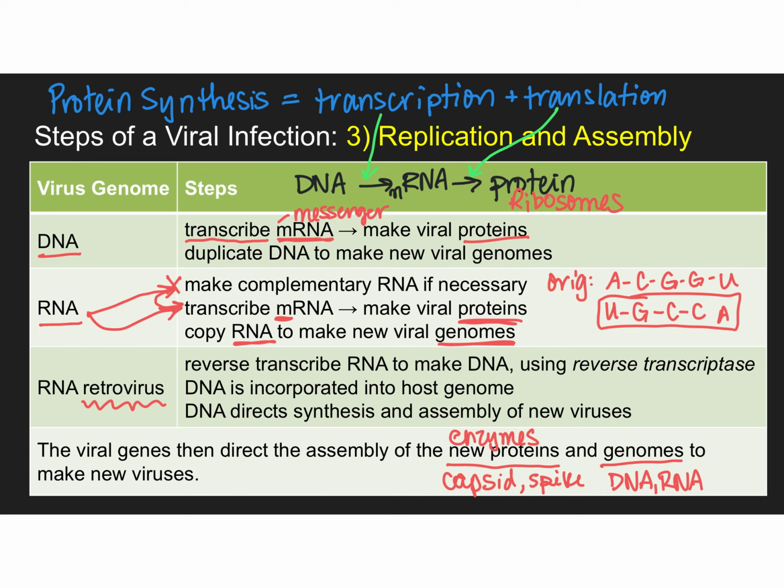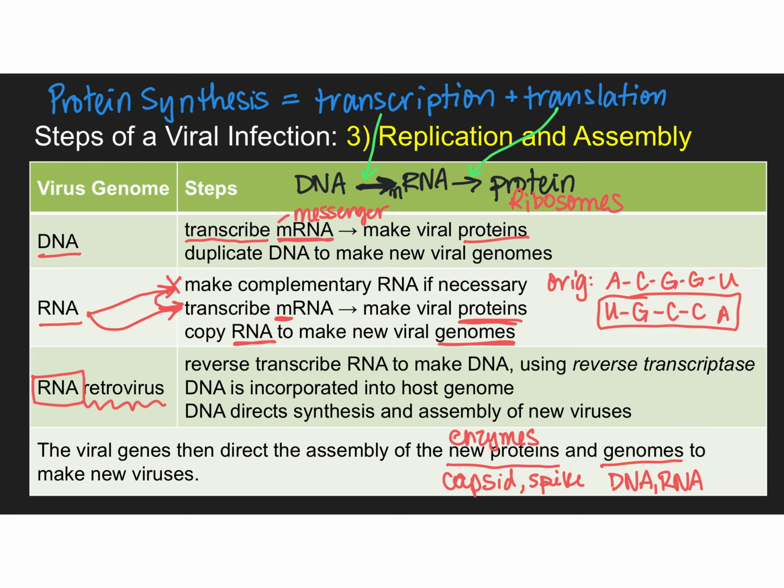Now, retroviruses are especially interesting to me in that their original genome is RNA, and they actually have the ability to transcribe or basically convert that RNA into DNA. So we usually think of DNA as being a one-way street, with DNA being used to make RNA.